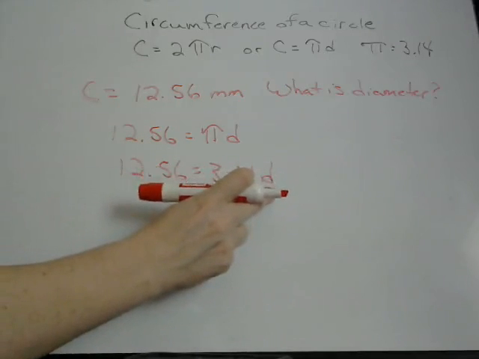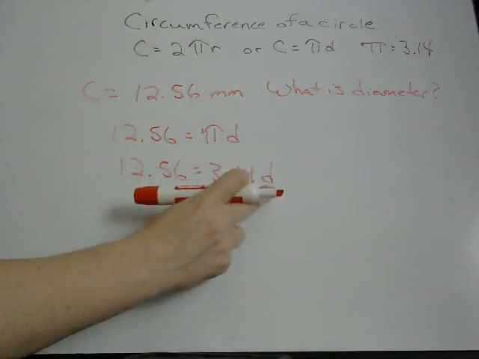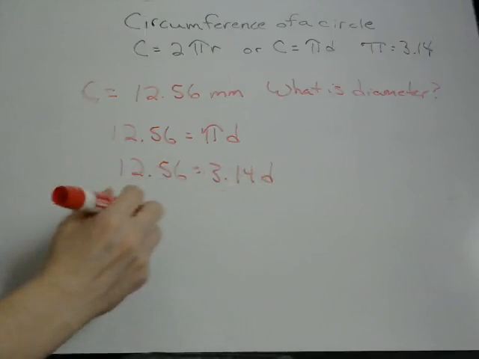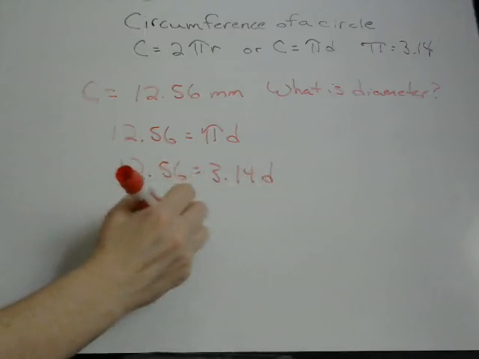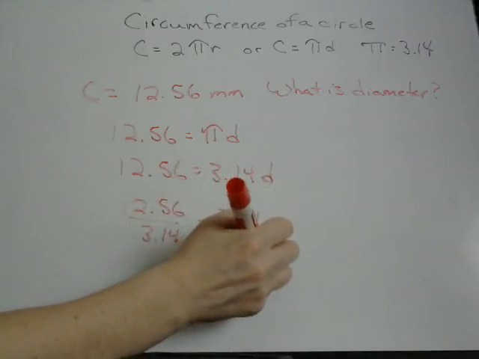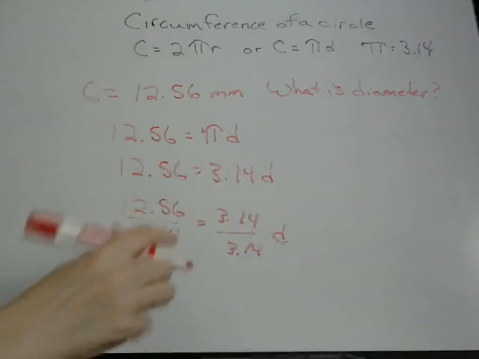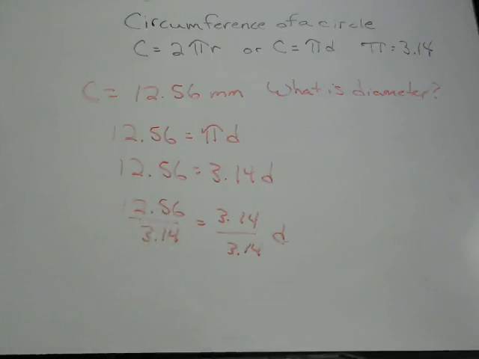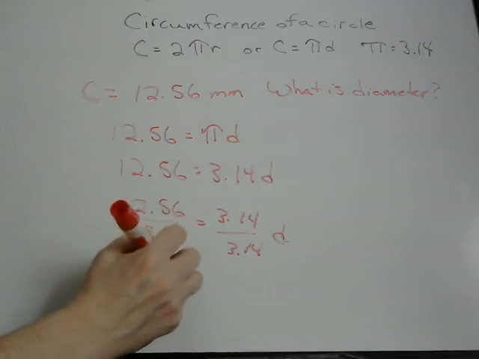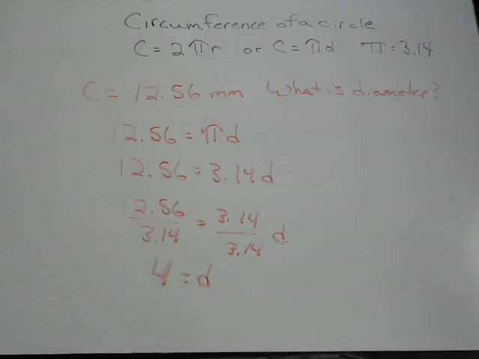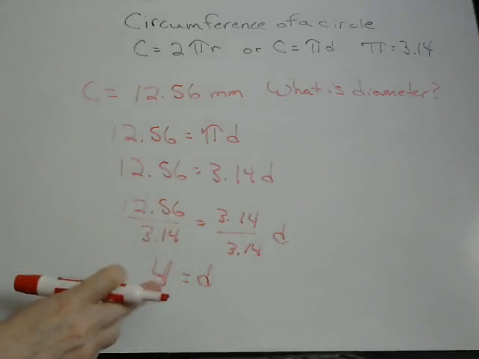How do we get D by itself? We're trying to find D. You can watch videos on basic algebra problems, but to get D by itself, this is a multiplication, so we're going to divide each side by 3.14. This cancels out, so we have 12.56 divided by 3.14. You plug that into your calculator, and you get 4 equals D, or D equals 4, since you can flip them around. So the diameter is 4.